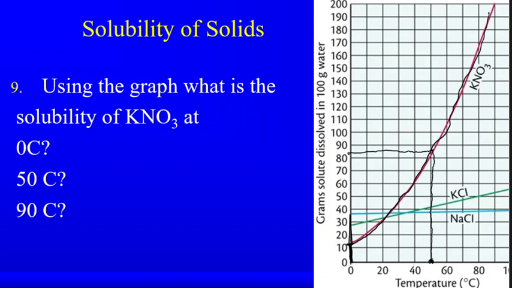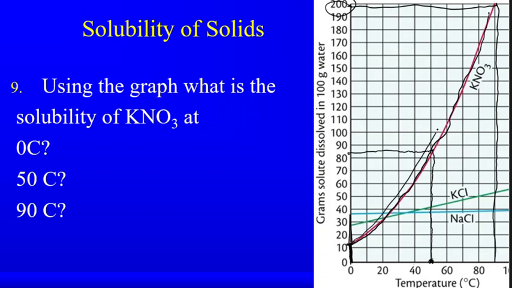And at 90, go up, and over, and it looks like it's reached its limit with 200 grams. So those are its capacity. That's how much stuff it can dissolve at those temperatures.